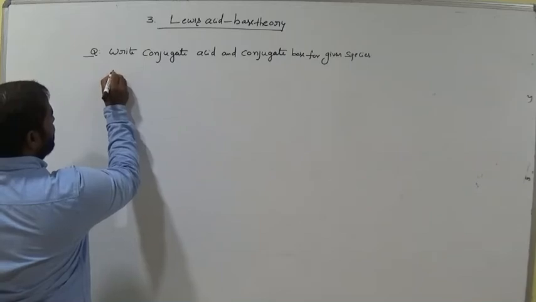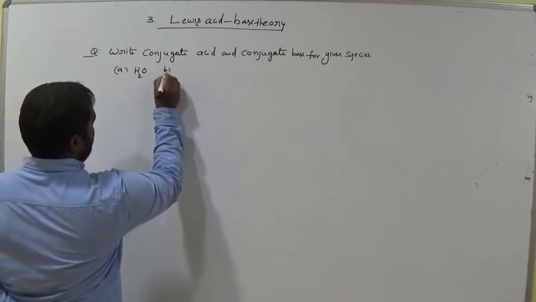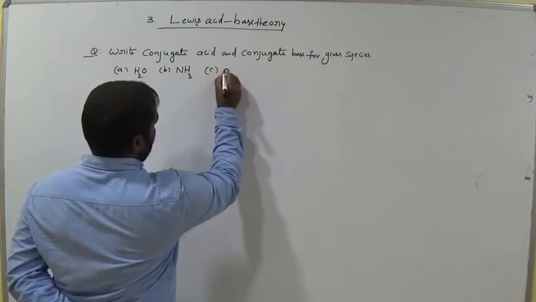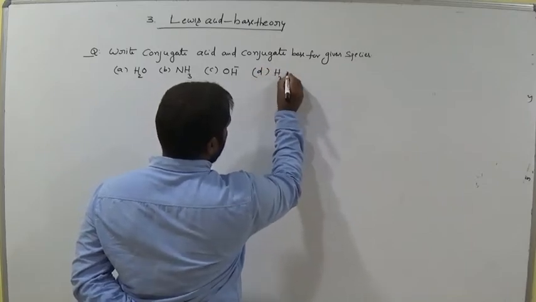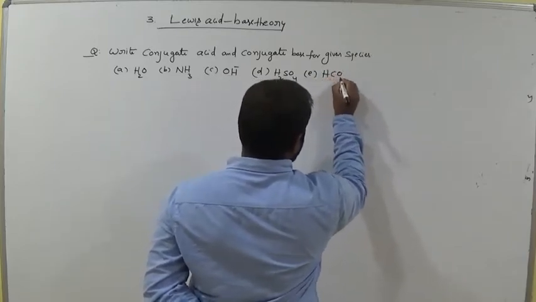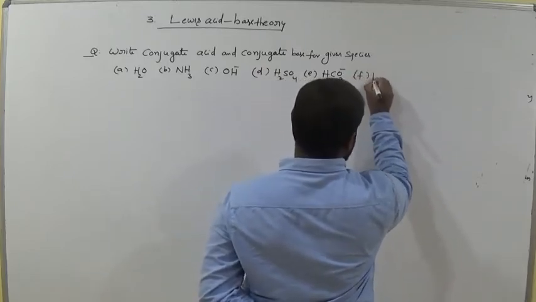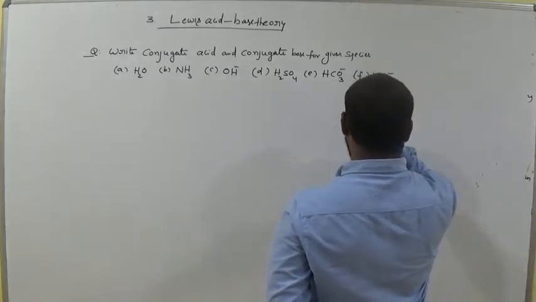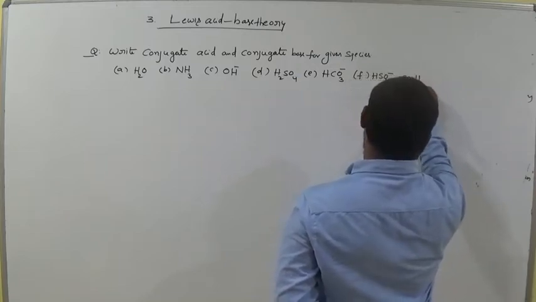Those species are here: A is H2O, B is ammonia, C is OH minus, and D is H2SO4, and E is HCO3 minus, and F is HSO4 minus, and G is H2O2.